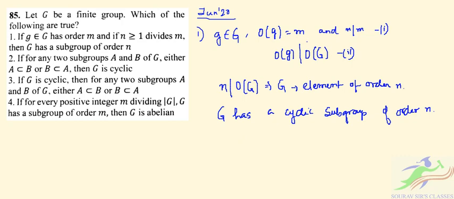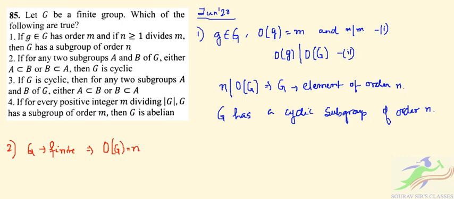So let's check option 2. It is saying that if for any two subgroups A and B of G, either A is a proper subset of B or B is a proper subset of A, then G is cyclic. So we know that G is finite and the order of G is n.